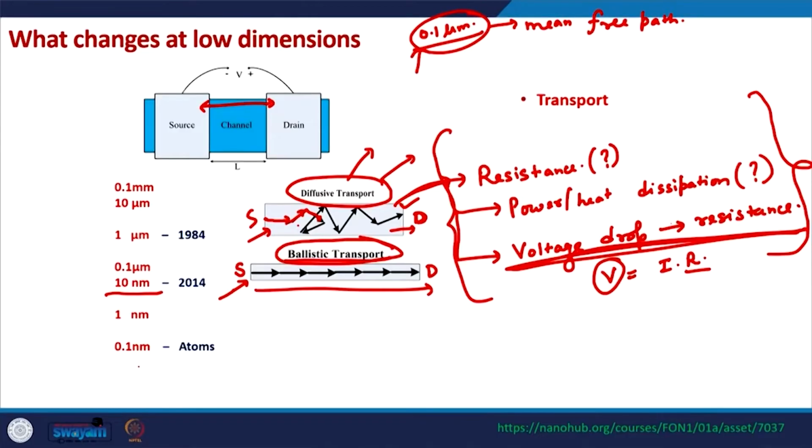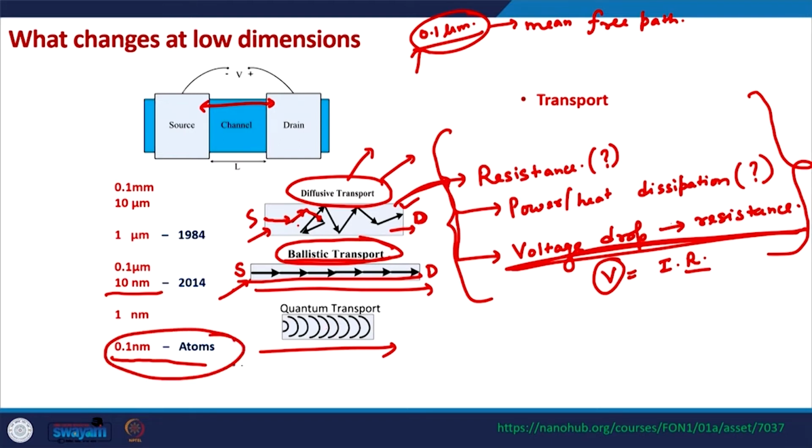If one goes even further, if we scale down things even more, to exactly atomic dimensions, the transport is not ballistic transport as well. It is quantum transport. There the wave nature of the electron is quite explicit. So at these dimensions where we deal with individual atoms, we need to deal with the electron wave functions.